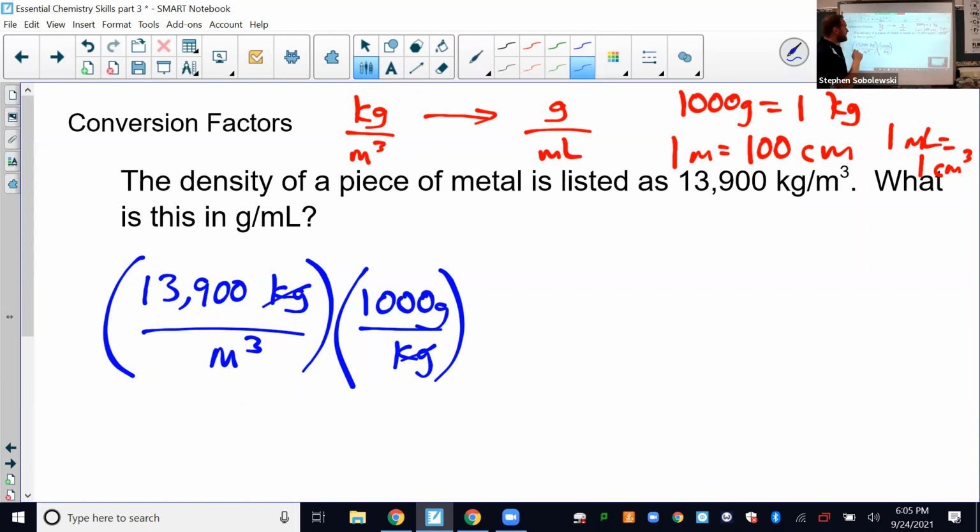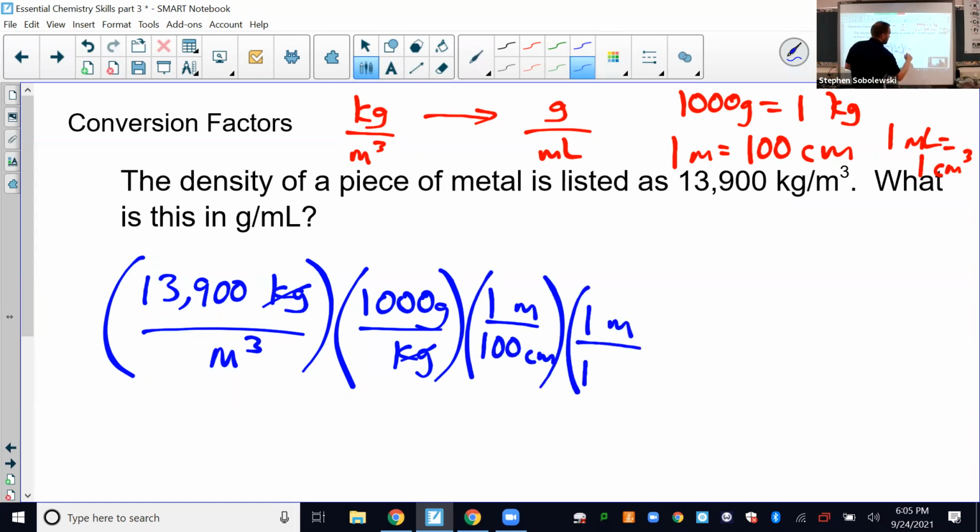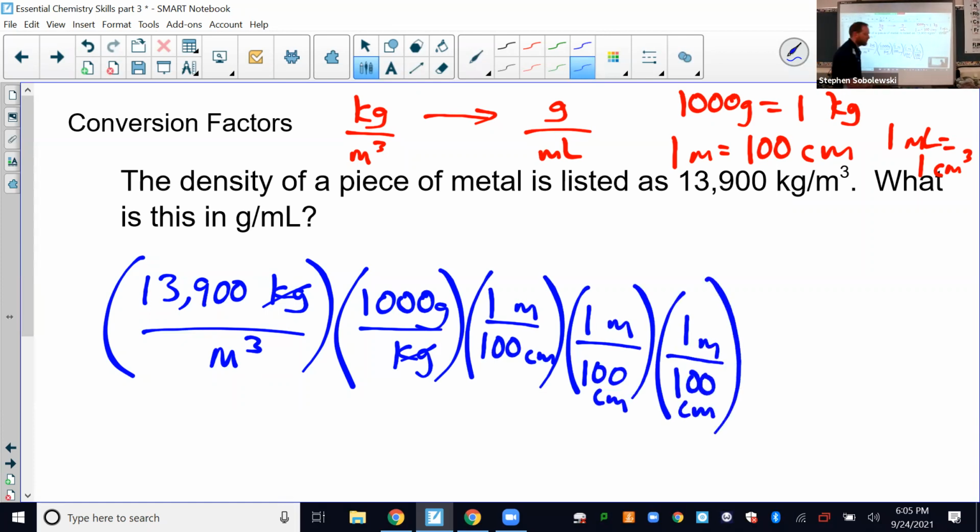Now, to go from meters cubed to centimeters cubed, I'm going to multiply this by 1 meter over 100 centimeters, 1 meter over 100 centimeters, 1 meter over 100 centimeters. Or you could multiply by 1 meter over 100 centimeters, close parentheses, cubed. If you're good with math calculator, that's fine.